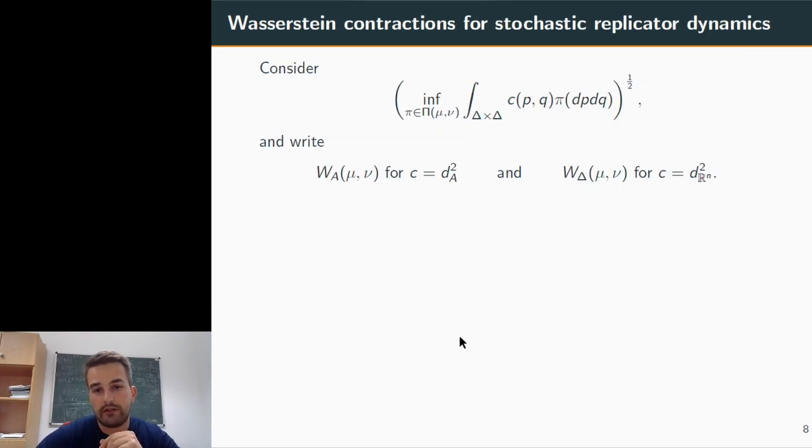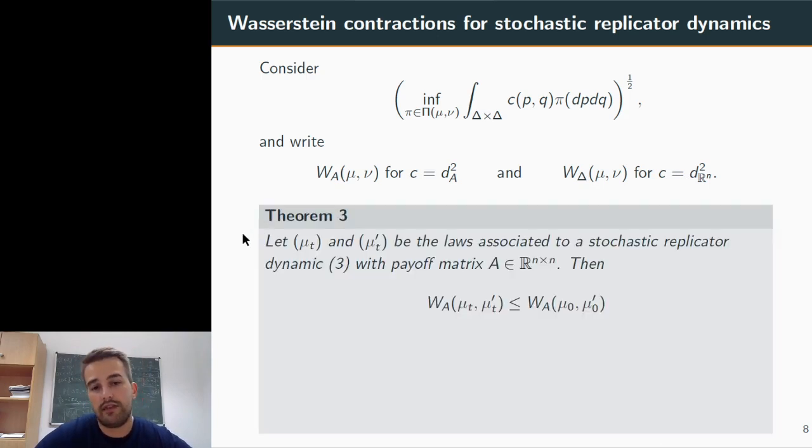So therefore, let's consider the following two Wasserstein distances here. W_A is the Wasserstein distance where we take as cost function indeed the squared Aitchison distance. And then we will also consider a second Wasserstein distance, namely the one where as cost function we take the conventional Euclidean distance squared. And so then here comes the last theorem.